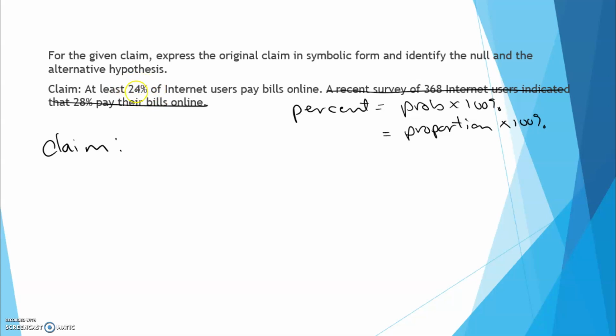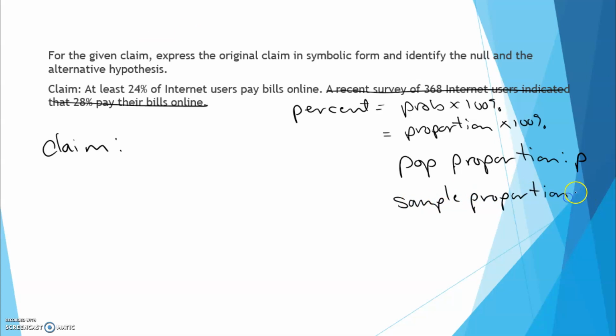The population proportion is represented by P. Sample proportion is represented by P hat. Okay, so I need to write P and is at least 24%. So that would be greater than or equal to 0.24.